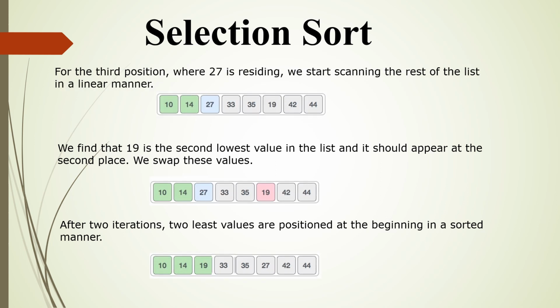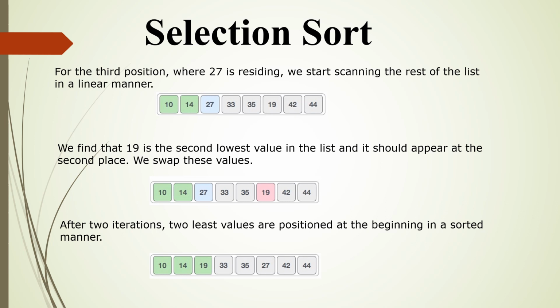Now after 10 and 14 reach their correct positions, we select the third position element, that is 27. Now scanning will start from 27 to 44. Again we select the lowest value element from 27 to 44. 19 is the lowest value in the list, so 27 is swapped with 19.